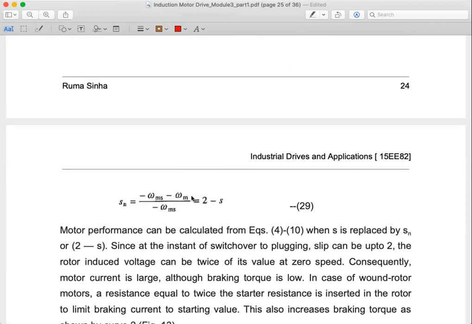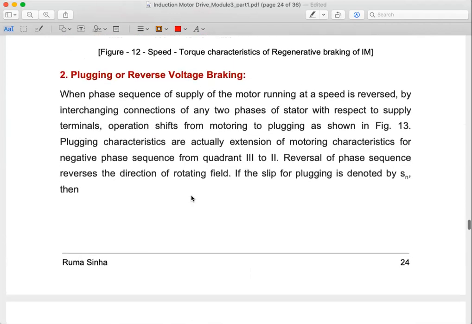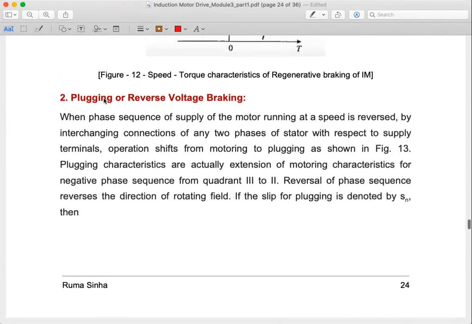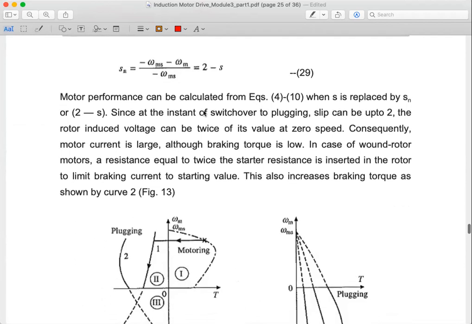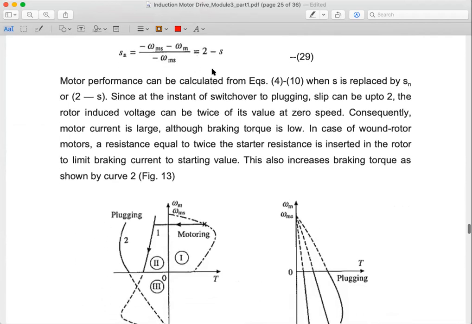So this is the slip of the induction motor during plugging. So the slip value changes. Slip value is now 2 minus s.